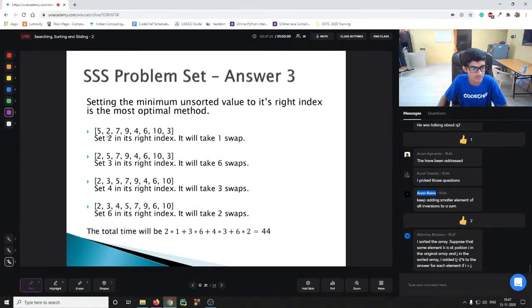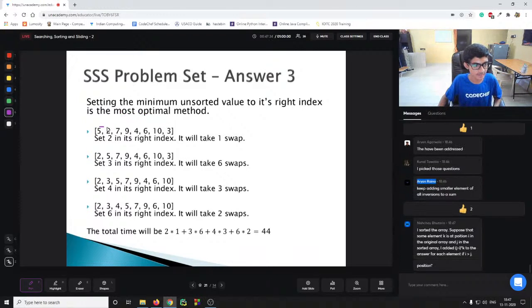For example, inserting 2 to its place before 5 will be better than moving 5 to the end, because that will take 5 plus 5 plus 5 plus 5 and so on. But setting 2 in its right place will just take 2. Setting 5 here will take 2 plus 5 plus 5 plus 4 and so on. But setting 2 will only take 2, and you sort one index instantly. So this is the most optimal method.